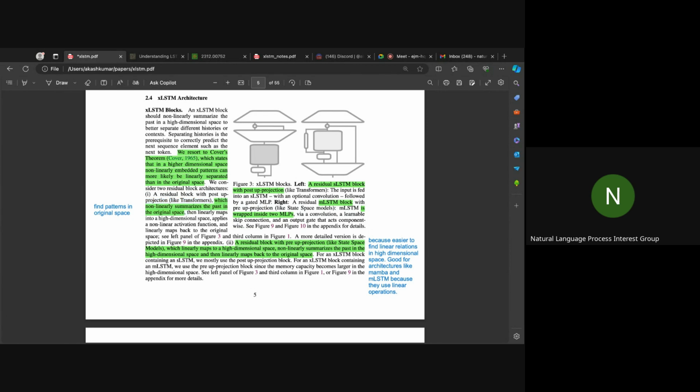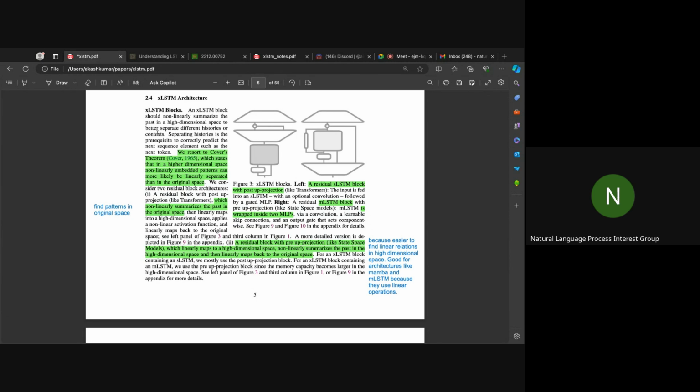Basically, it is trying to do some sort of reasoning on the already calculated results. And a residual block with the pre-up projection, like in the state space model, helps the model to find linear patterns in the higher dimensional space.